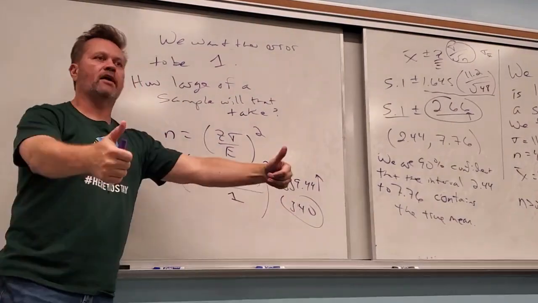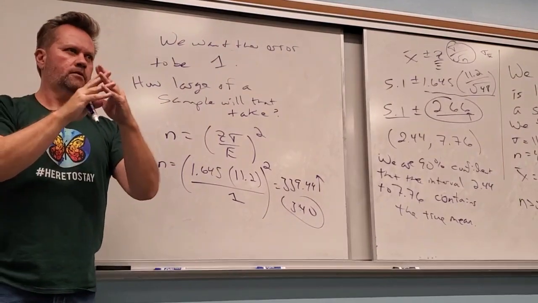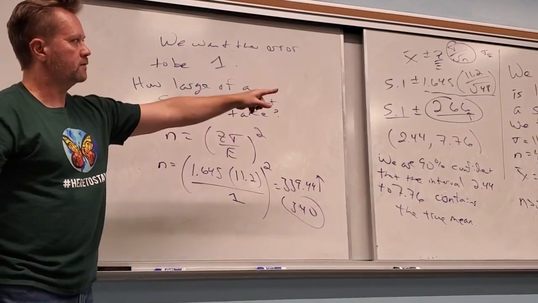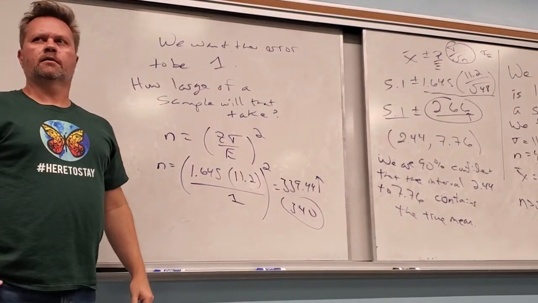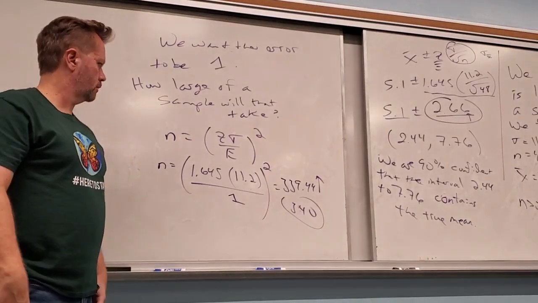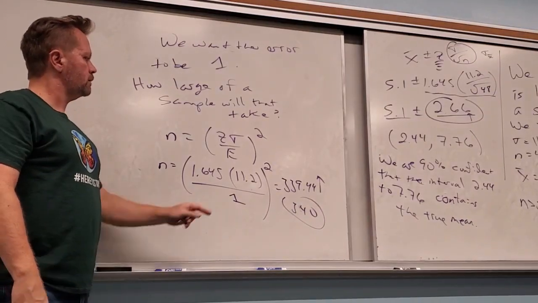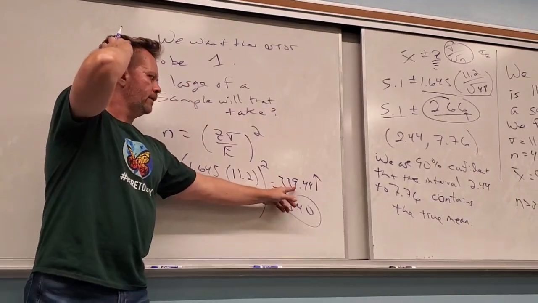So of course my sample is going to have to be bigger to make the error better, right? That makes sense. It's way bigger than it was. Is n the only one you have to round up? We round this up because you have to have at least this much.